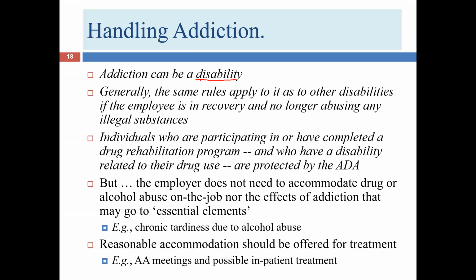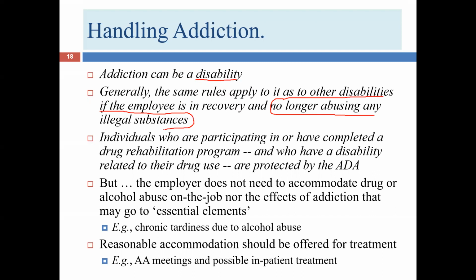And generally speaking, the same rules that we've talked about in terms of reasonable accommodation are going to apply to somebody who has addiction as a disability, as long as, and this is super important, the person is no longer abusing the illegal substance. So we're not talking about alcohol here. We're talking about illegal drugs.